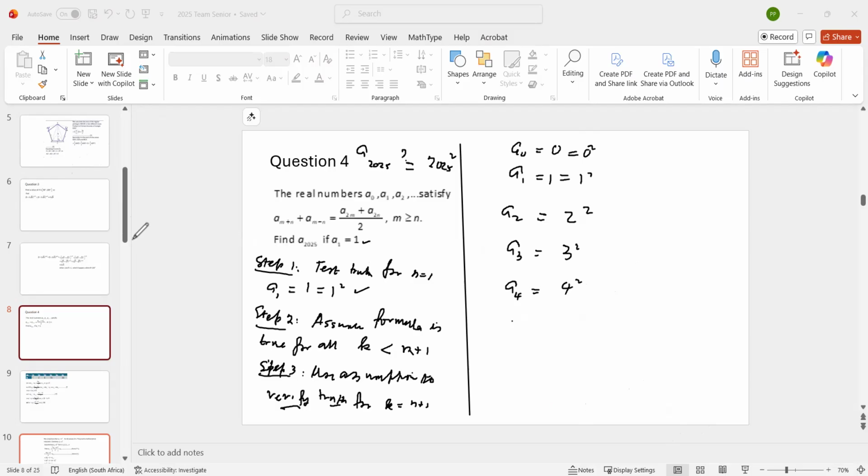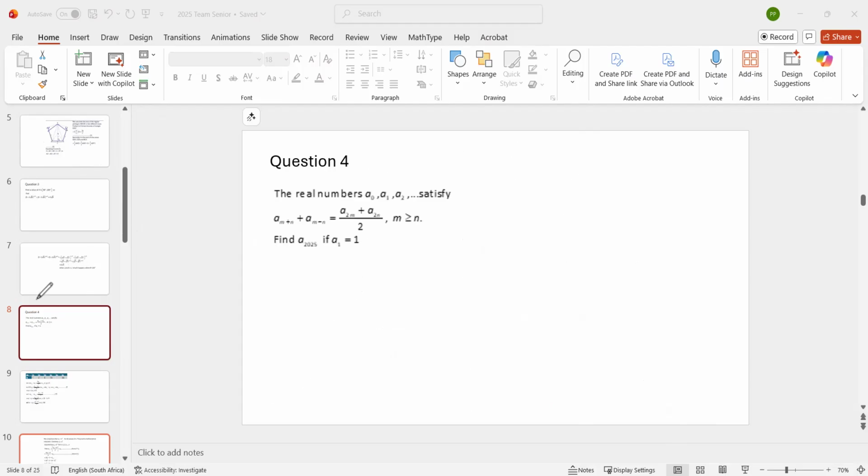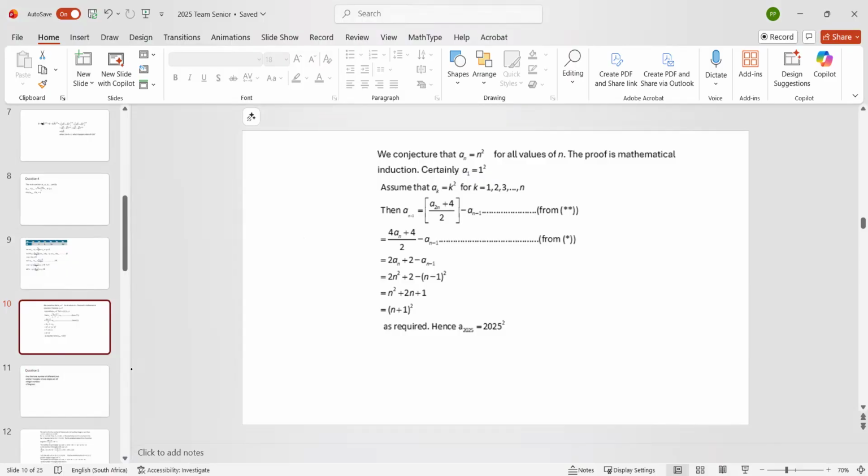Okay, so let's just get on to question 5. Here I said we conjecture that an is equal to n squared.